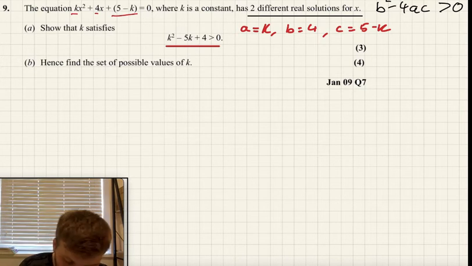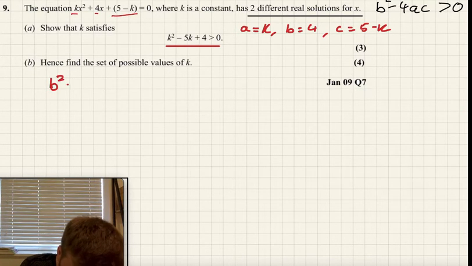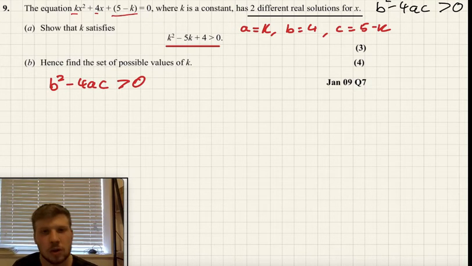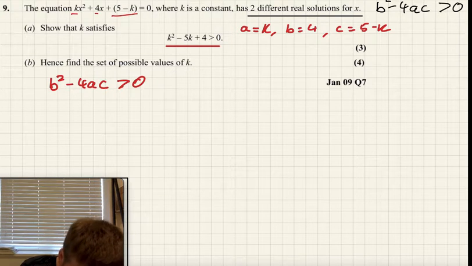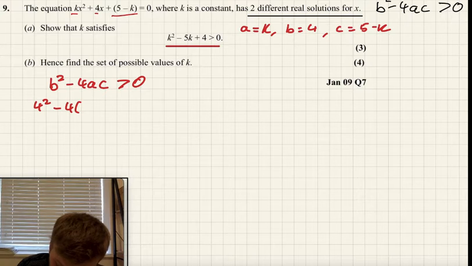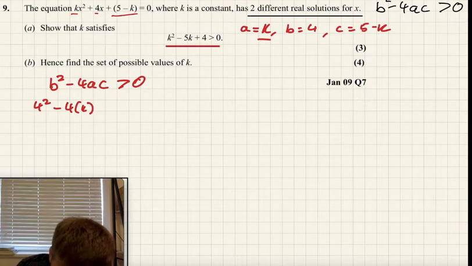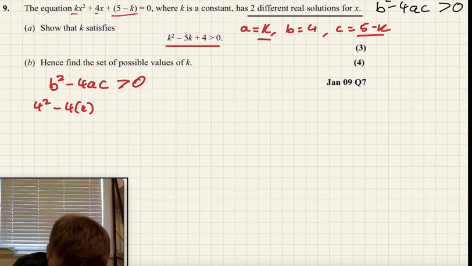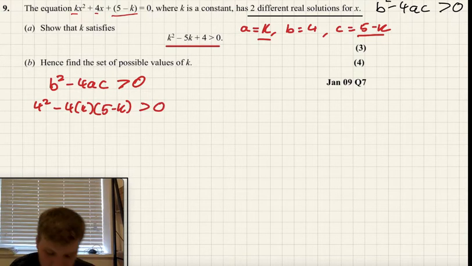So what I'm going to do is start off with b squared subtract 4ac is greater than 0, and I'm going to substitute in the values of k, 4 and 5 minus k. So I get 4 squared, subtract 4 lots of a, which I know is k, multiplied by c, so 5 minus k, and that's got to be greater than 0.